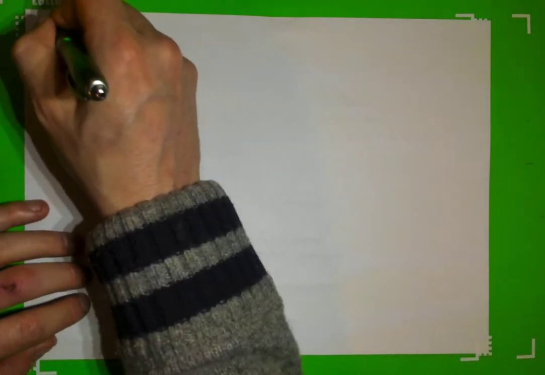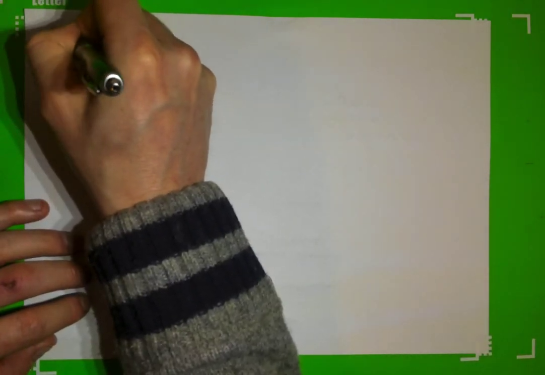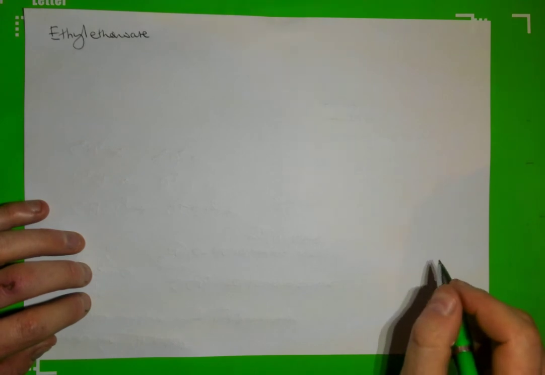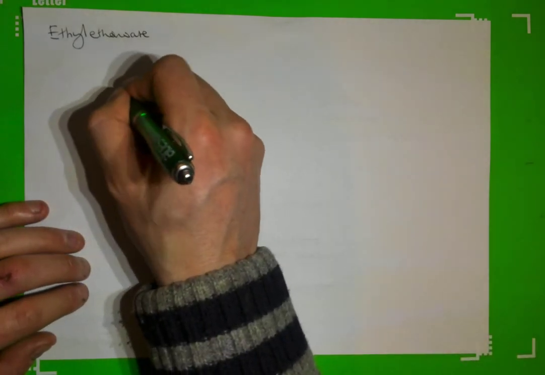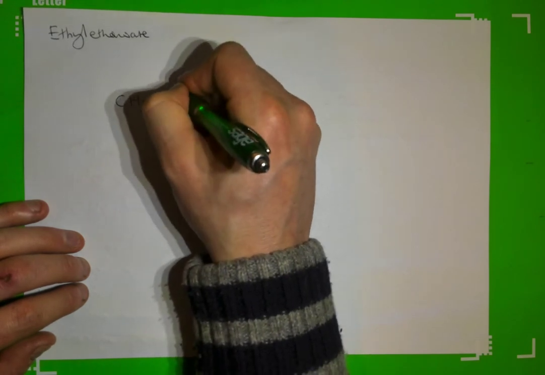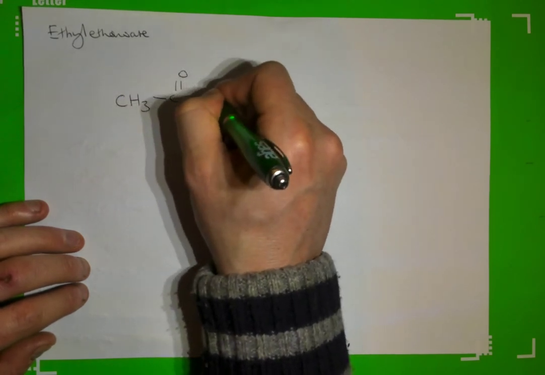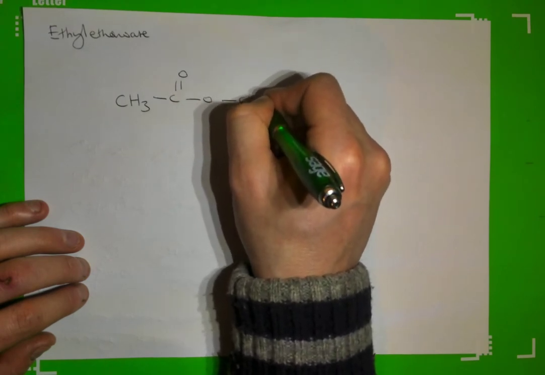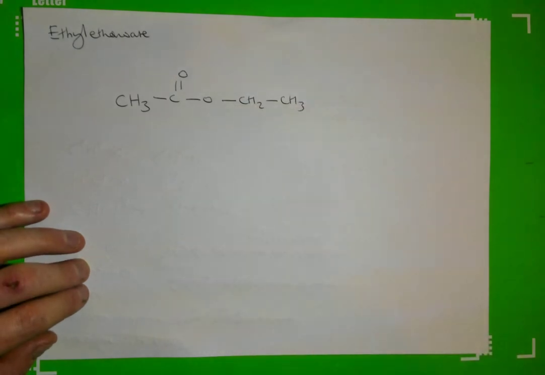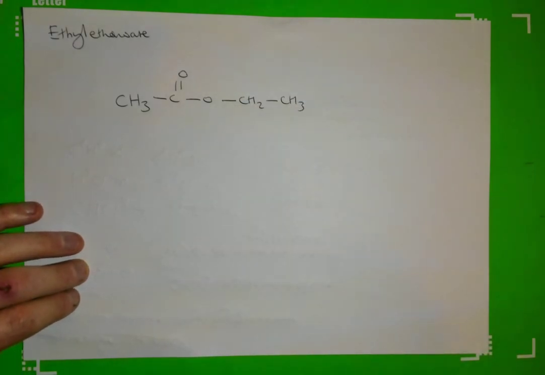So we're going to look at ethyl ethanoate. Which we know is an ester, okay? Let's draw the structure. Okay, now there are three different hydrogen environments in this molecule.